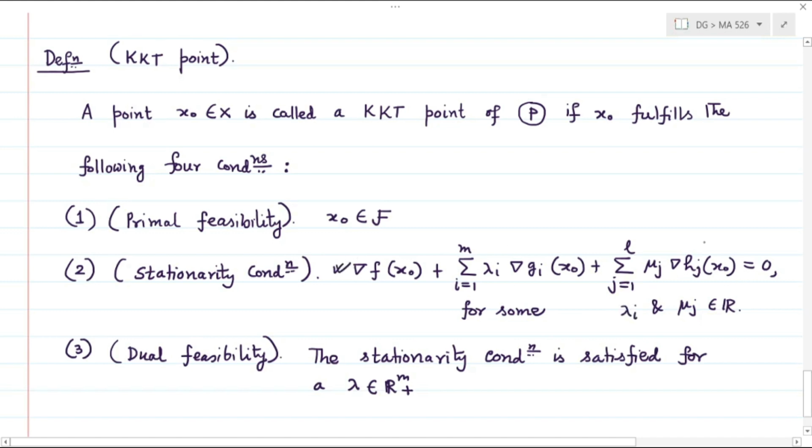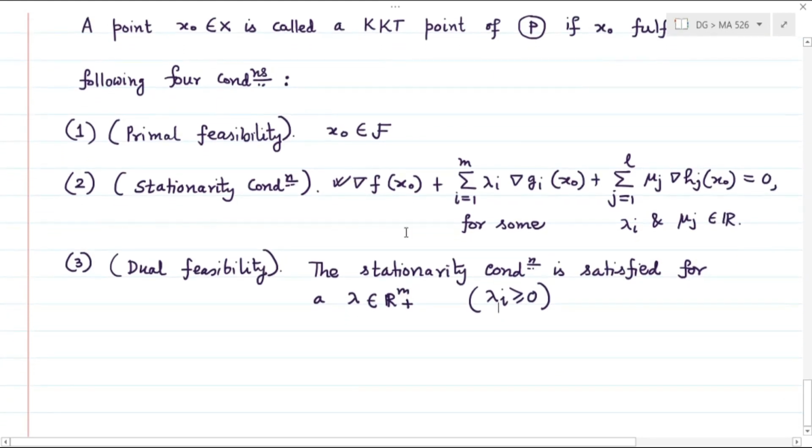This is due to the fact that, as you all know, by a stationary point we mean where the gradient value vanishes, and the same fact comes out in the equation of stationarity. And therefore the stationarity condition is satisfied for a lambda belonging to R^m_+, the first octant of the m-dimensional Euclidean space. That means the lambda_i's are all non-negative, where the lambda_i's are the components of the vector lambda.